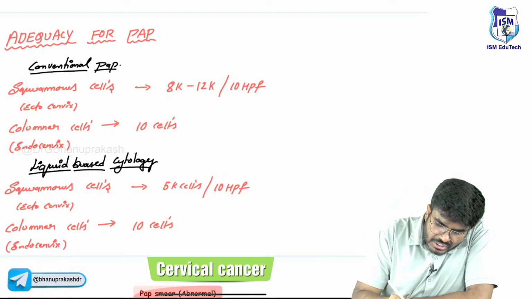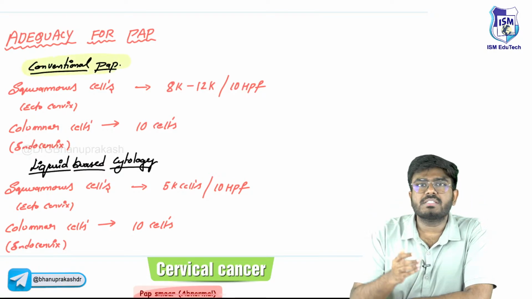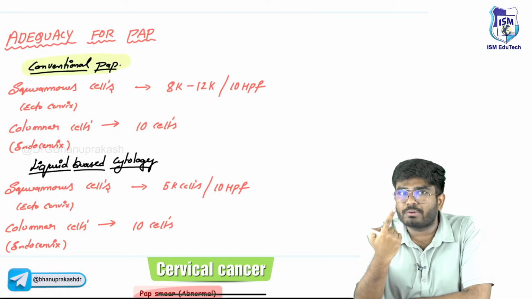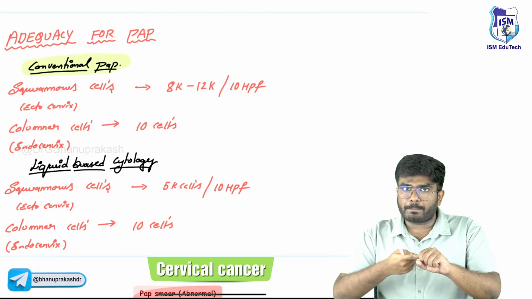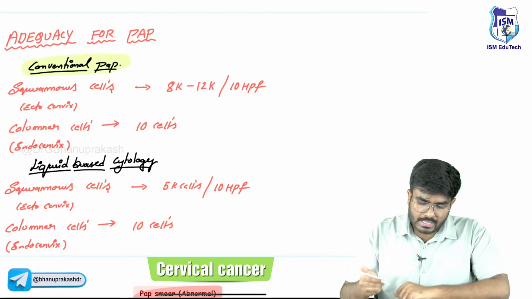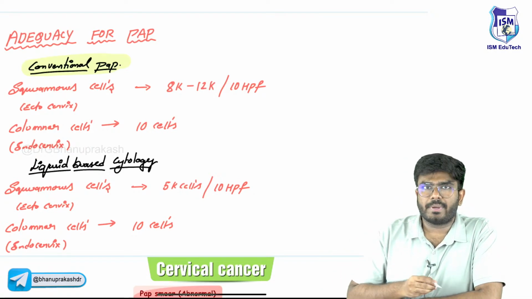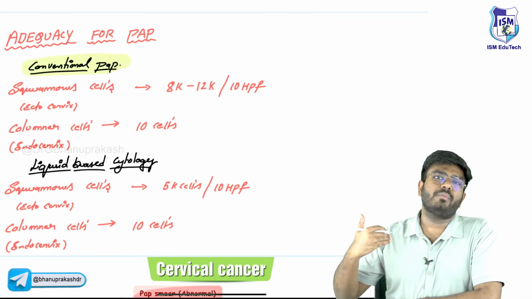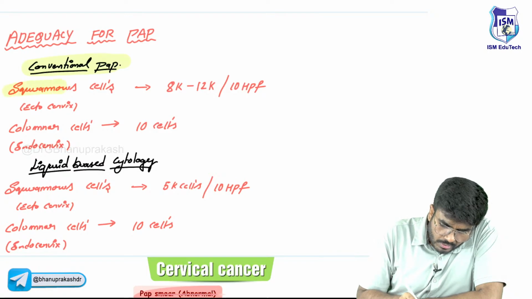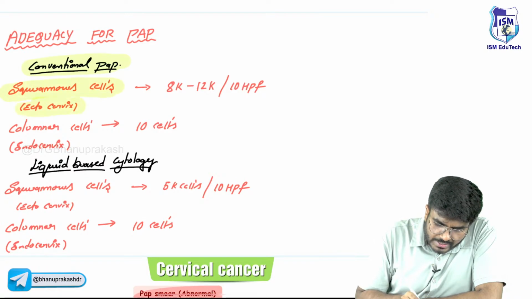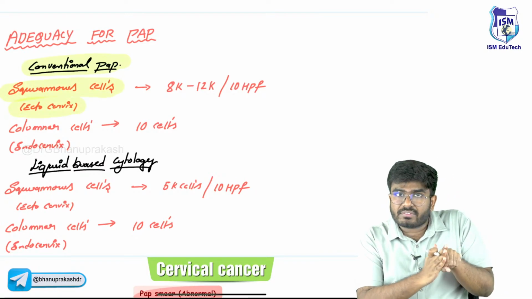If you do the conventional pap, conventional pap means using the Ayre spatula. I have shown you that wooden stick, right? With the Ayre spatula, if you are collecting the cells, it is called a conventional pap, which is a little old, primitive way of getting the pap. So how many squamous cells, meaning ectocervical cells, should you get?